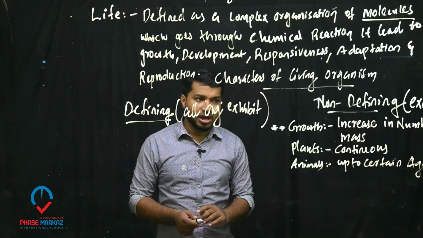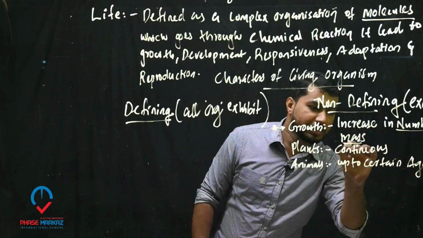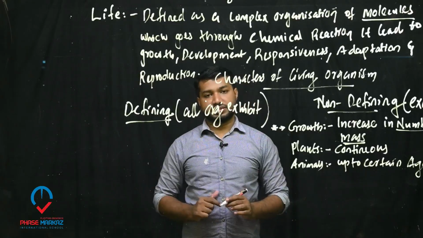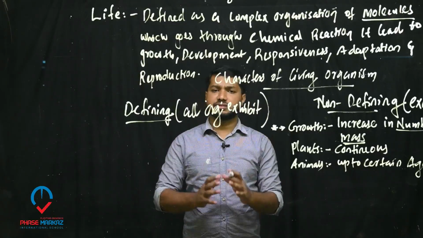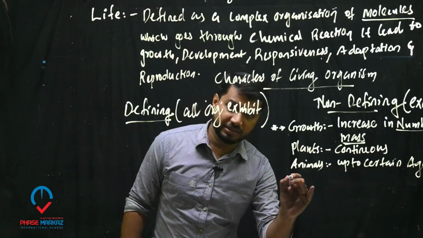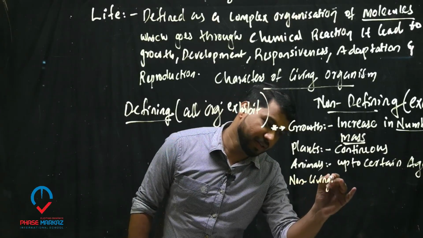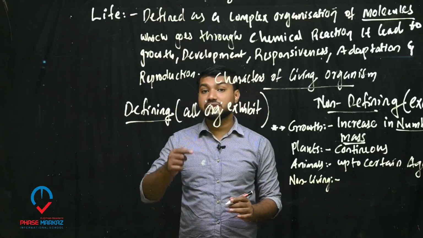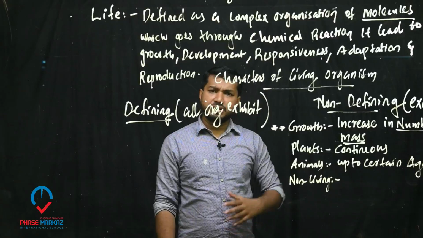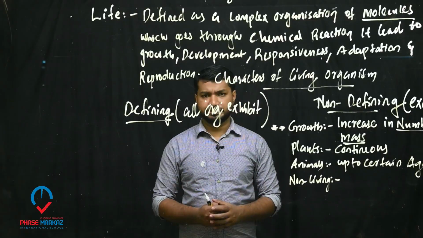So we discussed that growth may be an increase in number or an increase in mass, right? So what does increase in mass mean? Increase in mass may happen in non-living things also. Non-living things also grow. We should think in such a way. Just a simple example: on a roadside there is a brick, there is a stone.